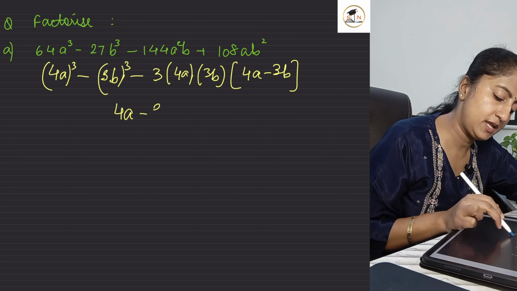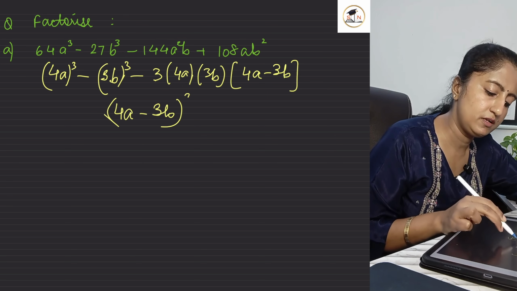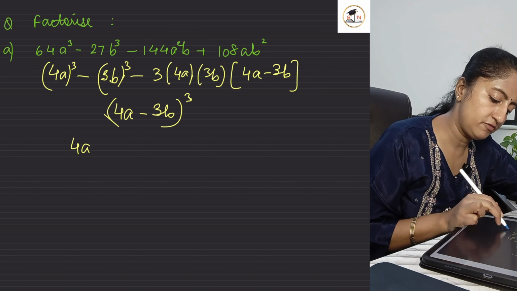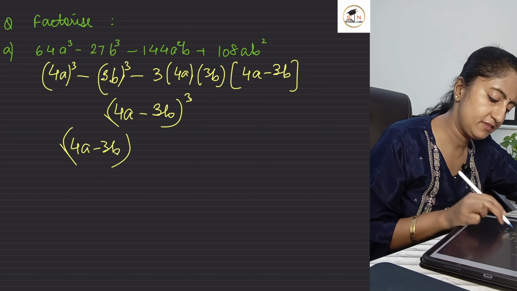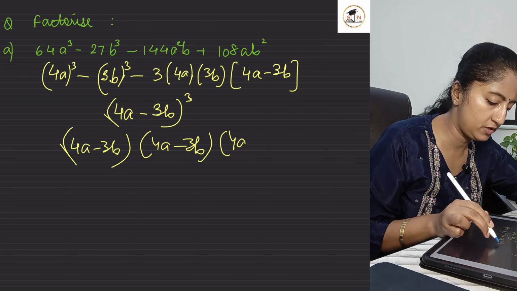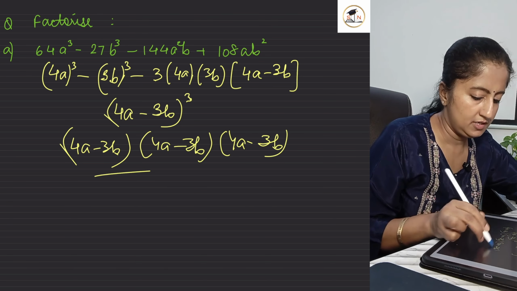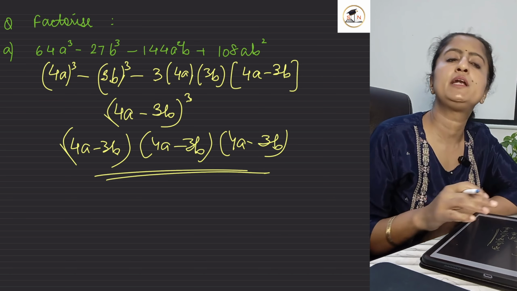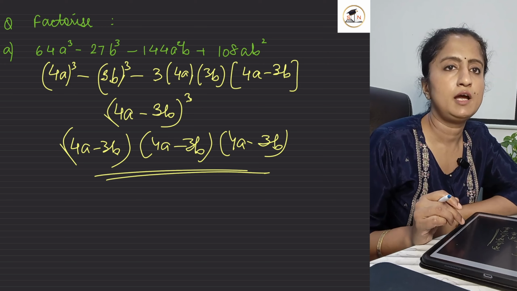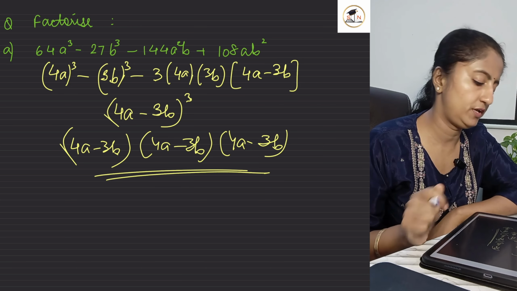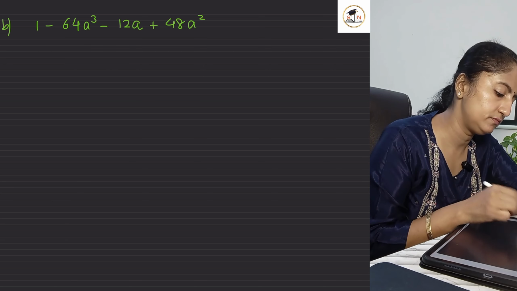We get 4a minus 3b whole cube, right? Final answer, 4a minus 3b, 4a minus 3b, and the final factor, 4a minus 3b. Here are your factors. The factorization is pretty easy when you remember your identity and also know how to recognize it.